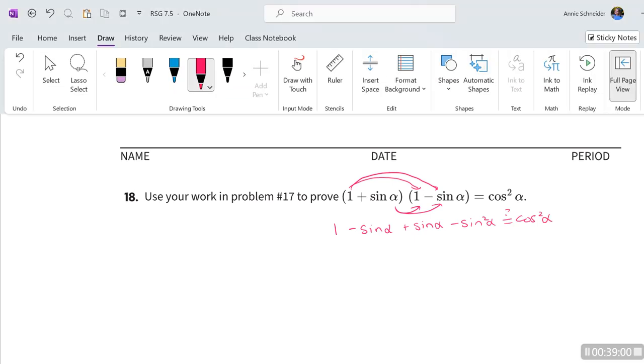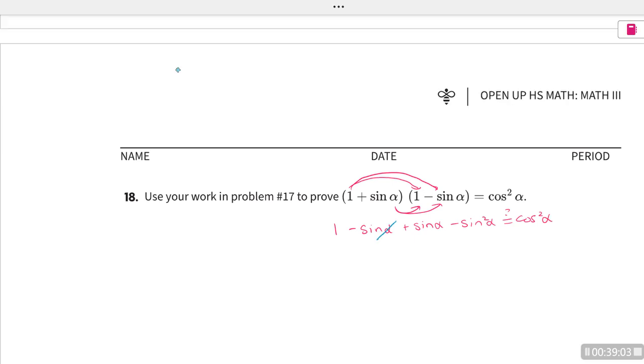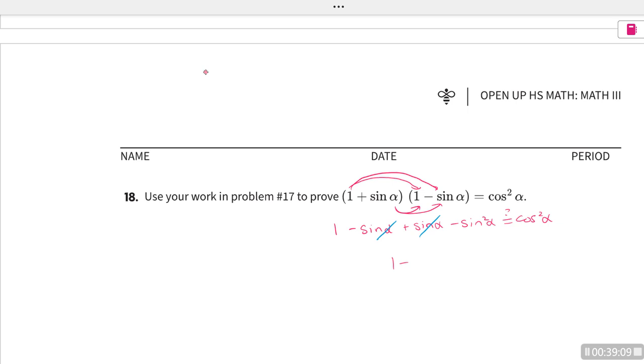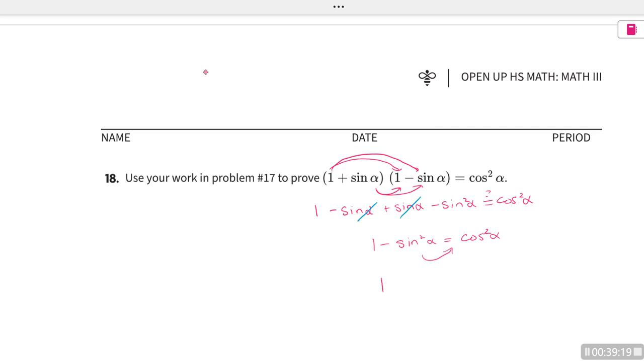So this is extremely similar, but this time our minus sine and our plus sine, those ones add to 0, and we're left with 1 minus sine squared of alpha equals cosine squared alpha. And again, we're going to move that negative sine squared over to the other side.